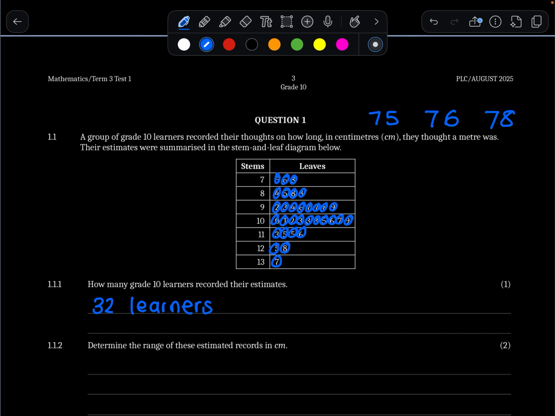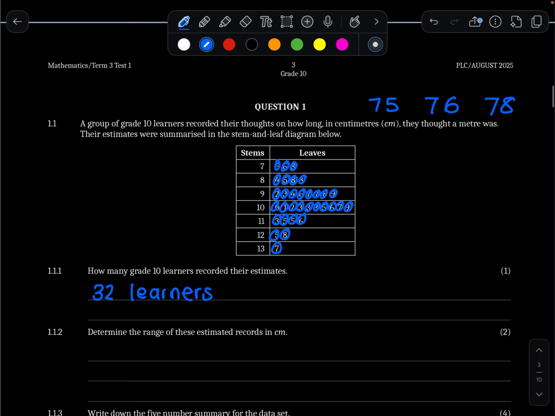Determine the range of these estimated records in centimeters. This is a 2-mark question because they are expecting you to know how to work out range. Range is always the largest value minus the smallest.